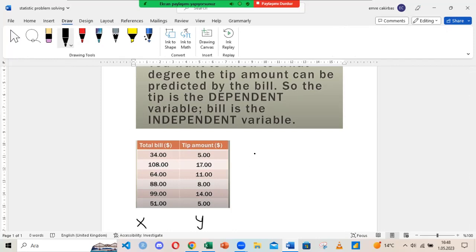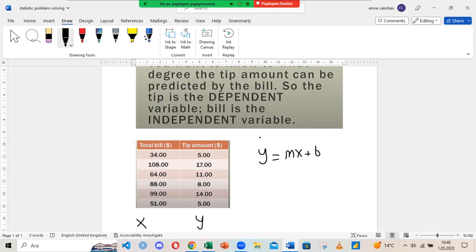We have a formula about linear regression for a given sample. Y equals mx plus b.